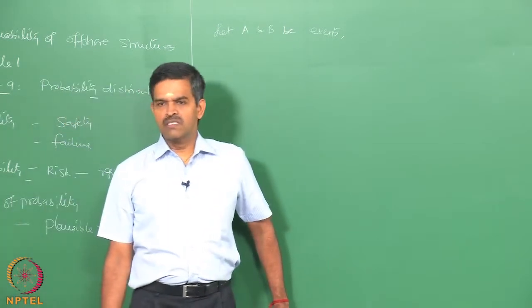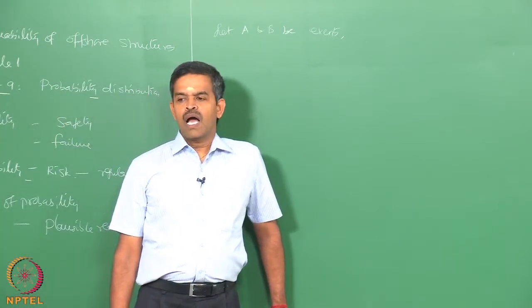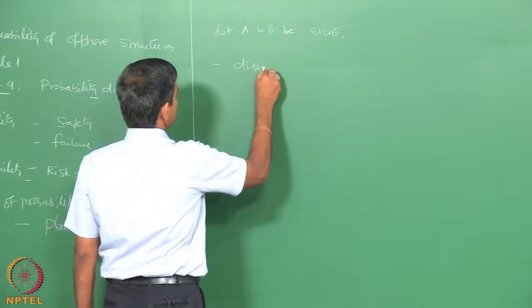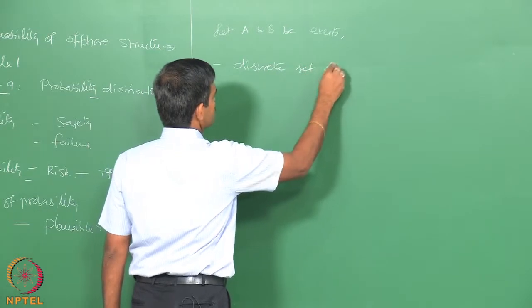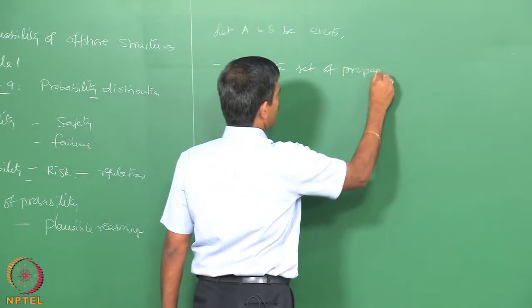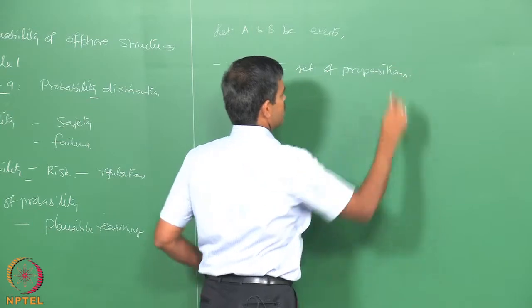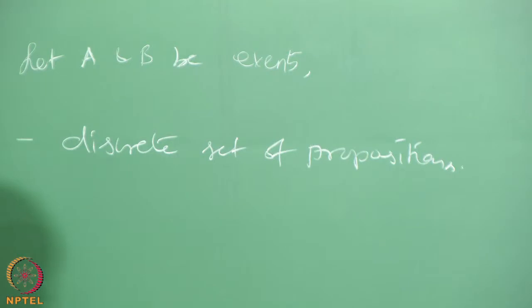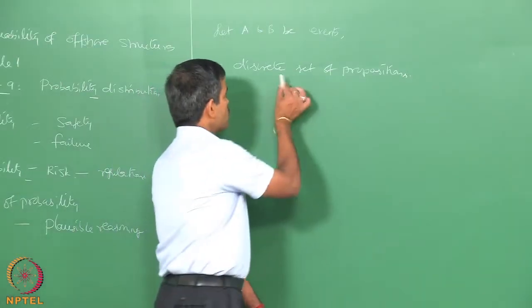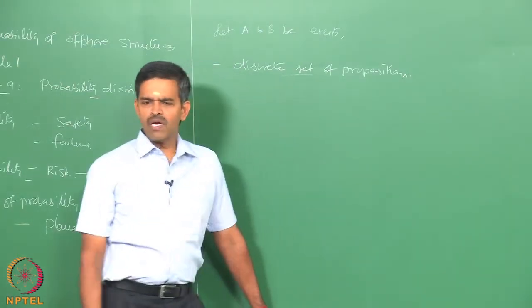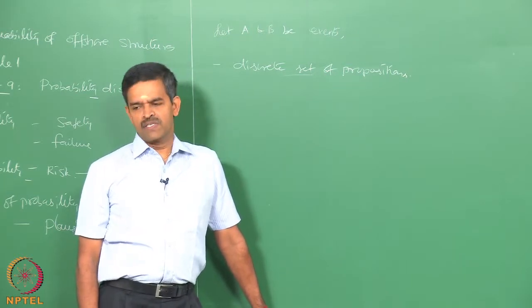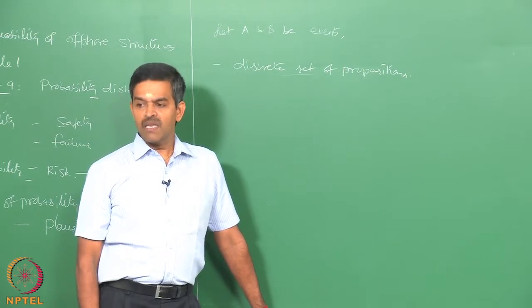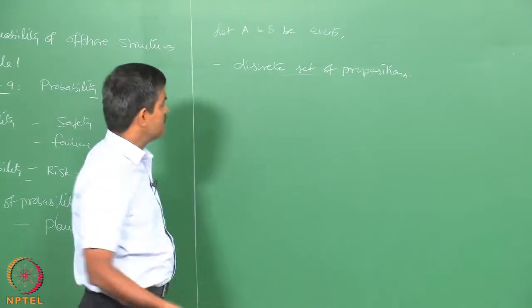However, in these discussions we have had so far a discrete set of propositions. We have been discussing discrete sets of propositions, though we all understand that establishing a set of propositions for a given system is itself highly complicated, but still we have been talking about a discrete set. However, in offshore structures there are events which are interconnected and they cannot be discrete and they remain continuous in both space and time.